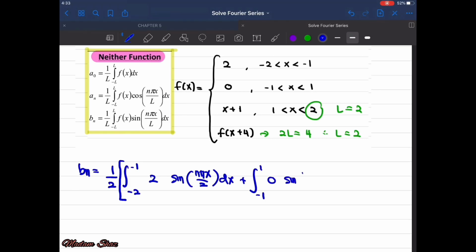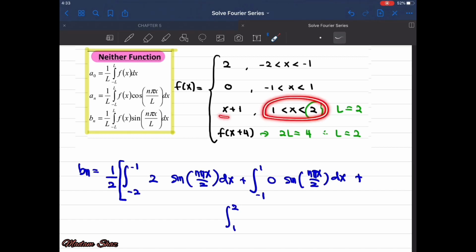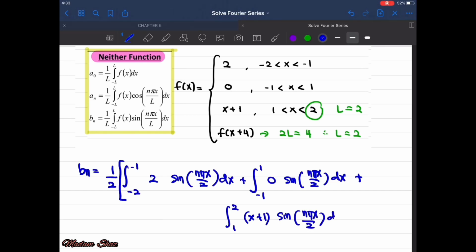0 multiply with the sine n pi x over 2 dx plus integrate from 1 until 2. For the limit 1 until 2, fx is equal to x plus 1. X plus 1 multiply with the sine n pi x over 2 dx. So close the bracket.